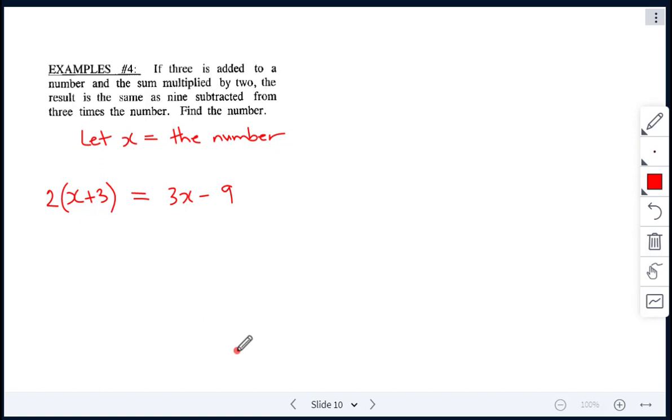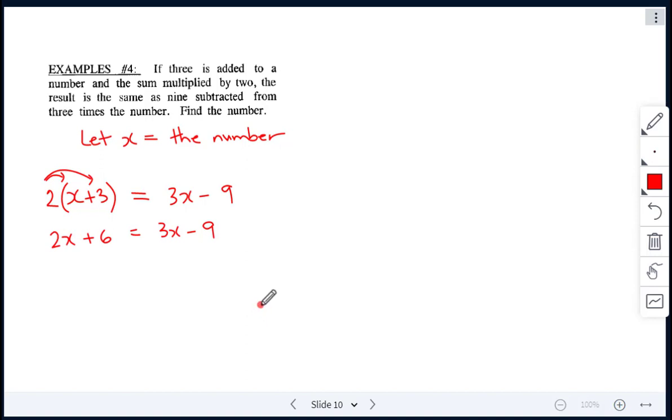Our first step here is to multiply this 2 to everything inside the bracket. That will give me 2x plus 6 is equal to 3x minus 9. These were the type 4 equations we had looked at before.